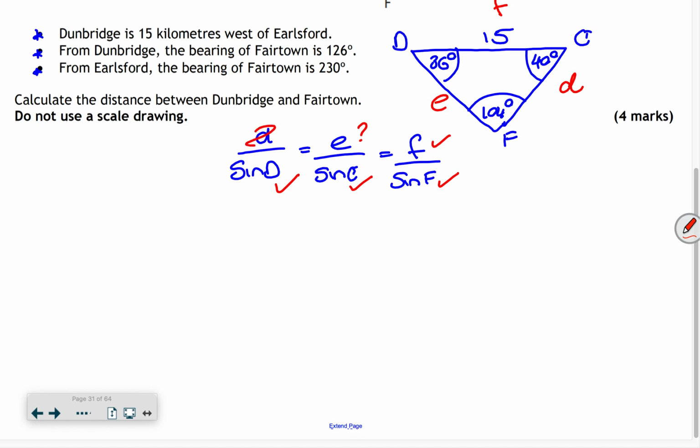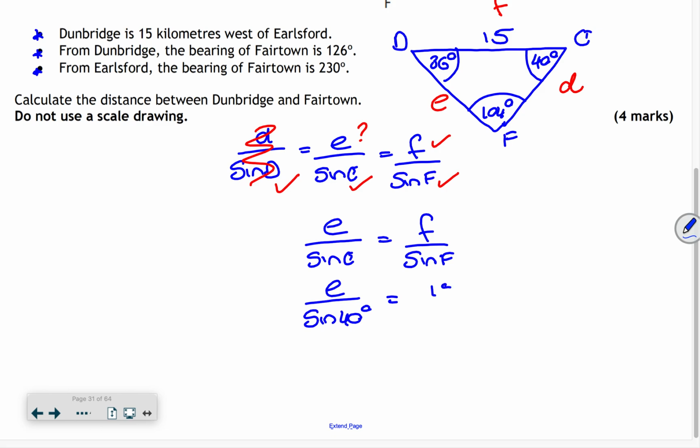We can forget about the first fraction. So it'll be e over sine e is equal to f over sine f. Now let's put in some values. So that's going to be e over sine 40 is equal to 15 over sine 104. Cross multiply. So that'll be e times sine 104 is equal to 15 times sine 40.